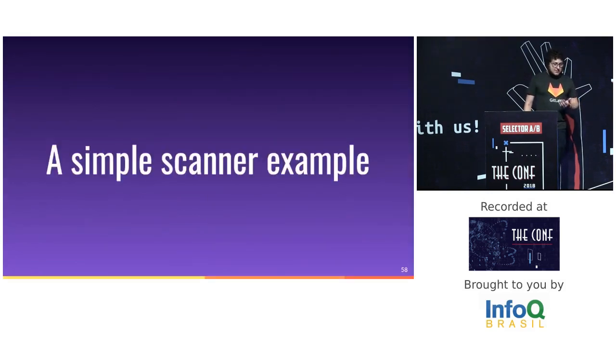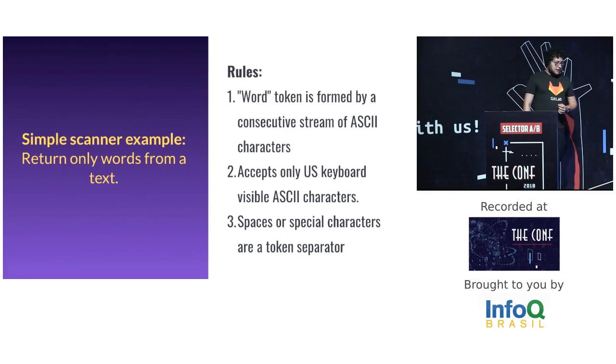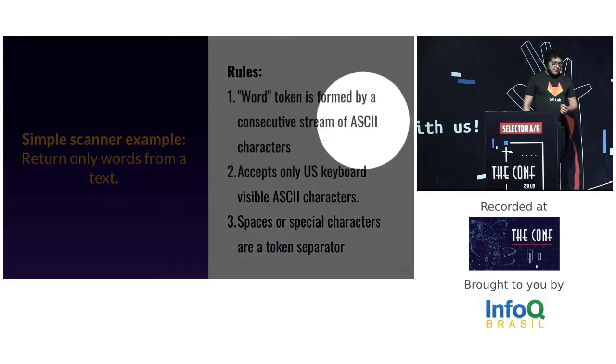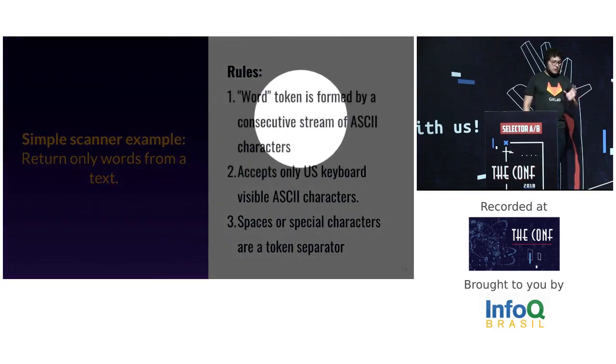Let's take a look at a simple scanner example, targeting Markdown. So here are our rules. This is the very simplest example of a scanner that provides words. It will read ASCII text and provide only the words.